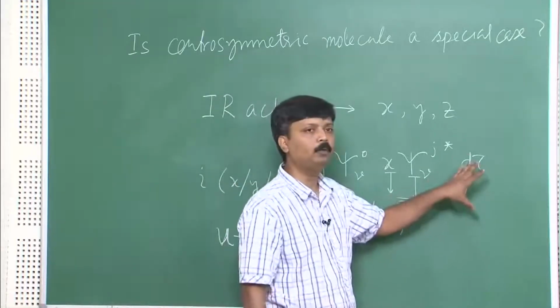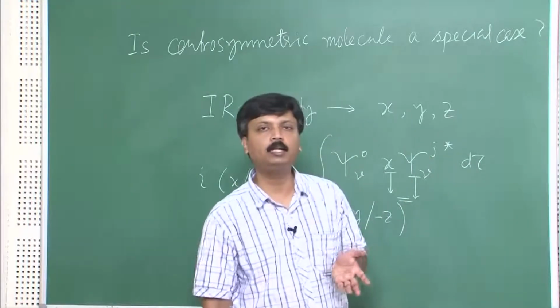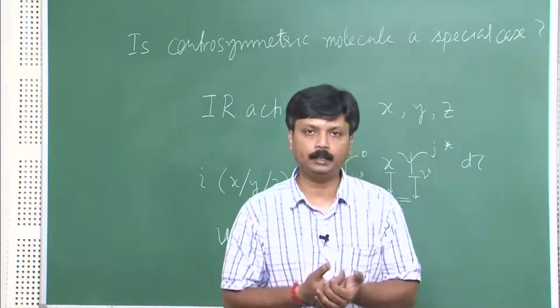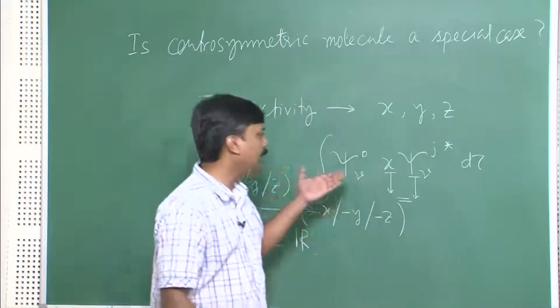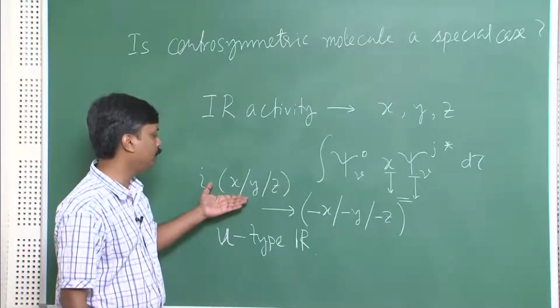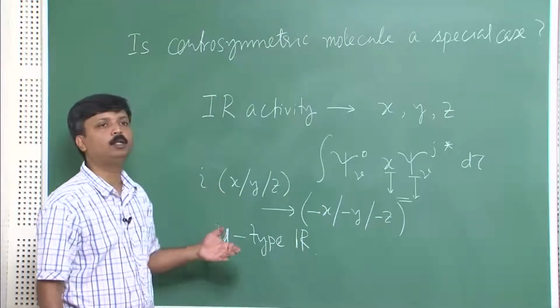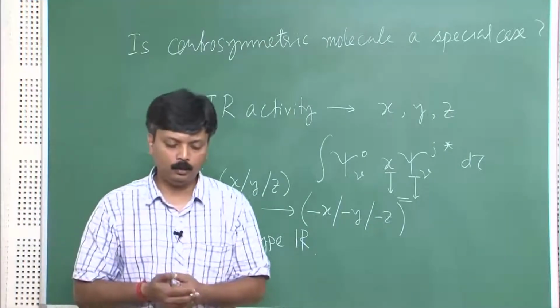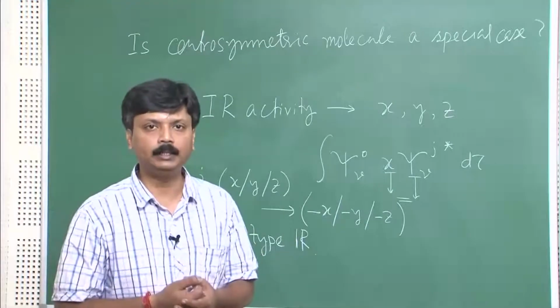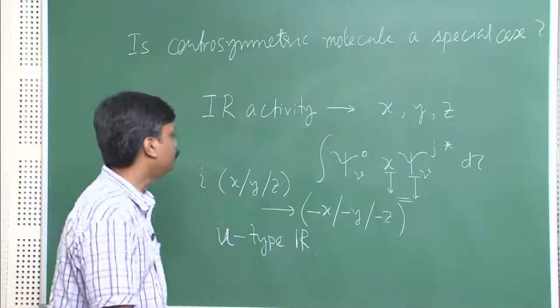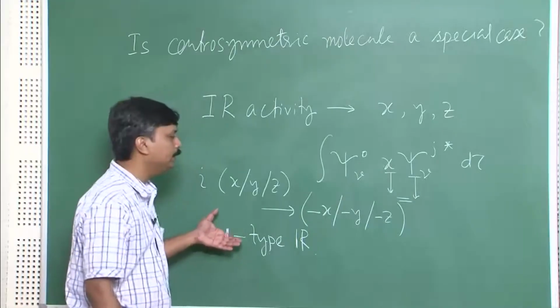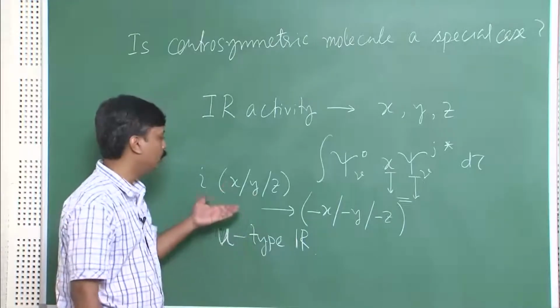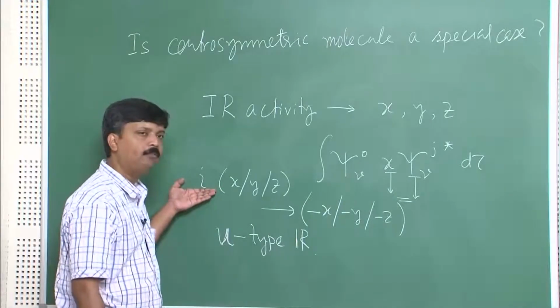Now you just think about any other molecule where you do not have the inversion symmetry. What happens in that case? In that case, you do not have this U type or G type irreducible representation present, right? So this situation does not arise at all, because you do not have inversion symmetry.